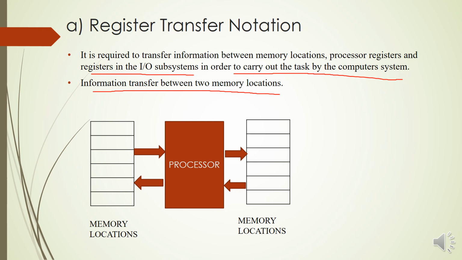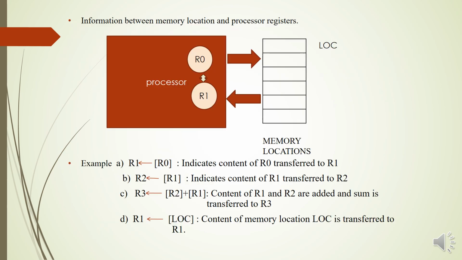From the processor, the data can be stored to another memory location or an internal register. The information transfer between memory location and the processor register can be analyzed using this pictorial representation. Here, the processor containing certain registers has been shown and this is a memory location. The information can be stored from register to memory or memory to register using proper instructions.